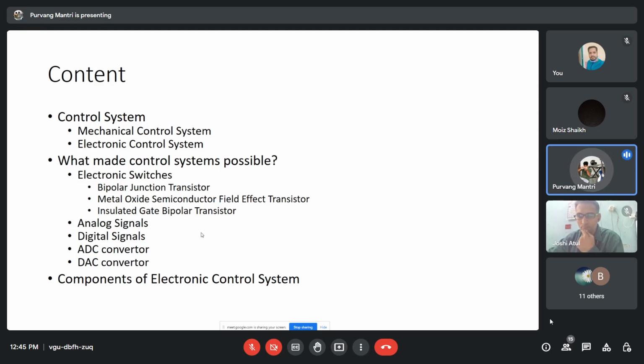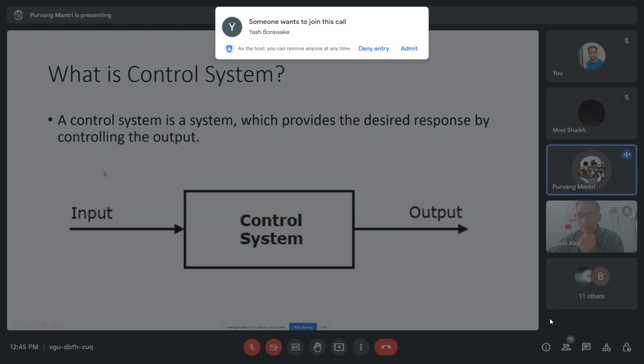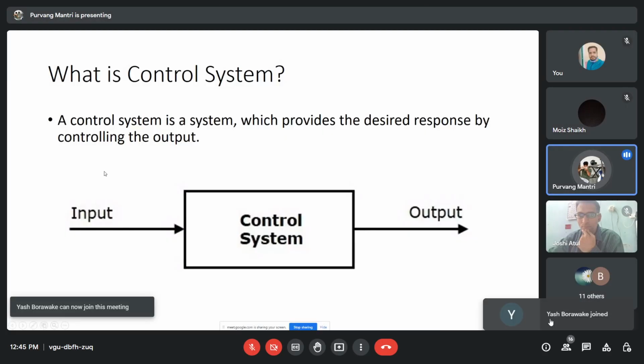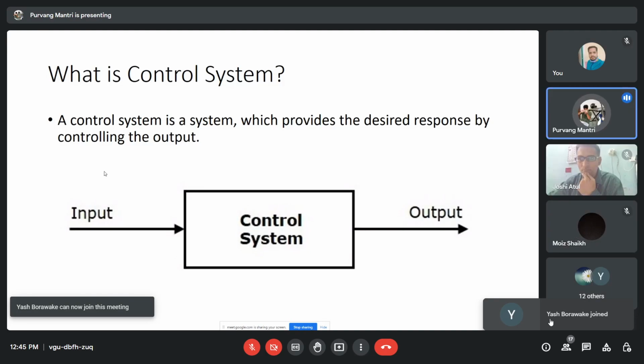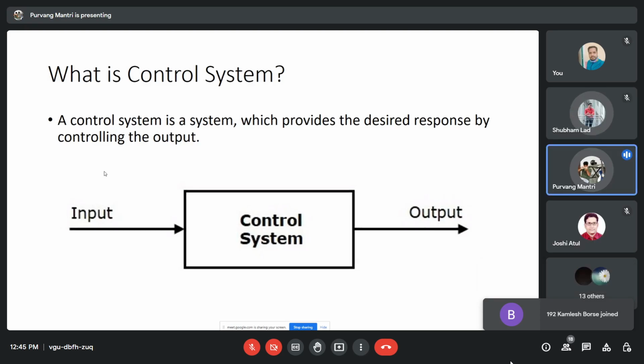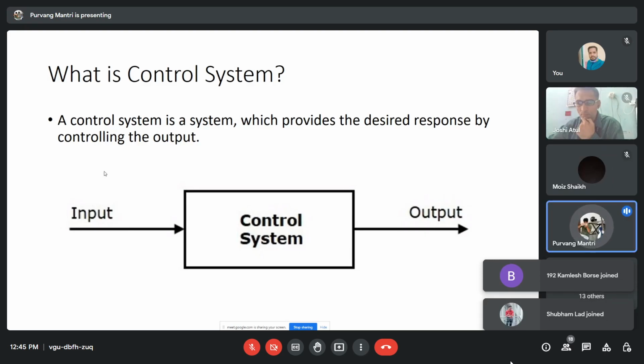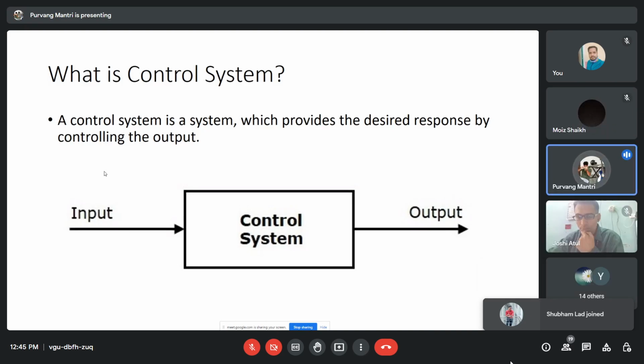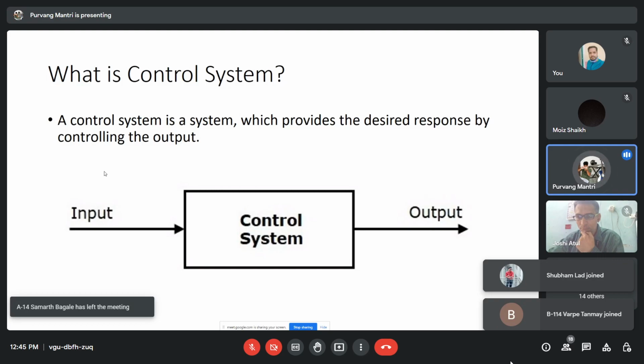First and foremost, a control system is a system which provides a desired response by controlling the output. A simple example of a control system is a ceiling mounted fan. If you're feeling hot and want to chill down the room, you switch the fan on, right?